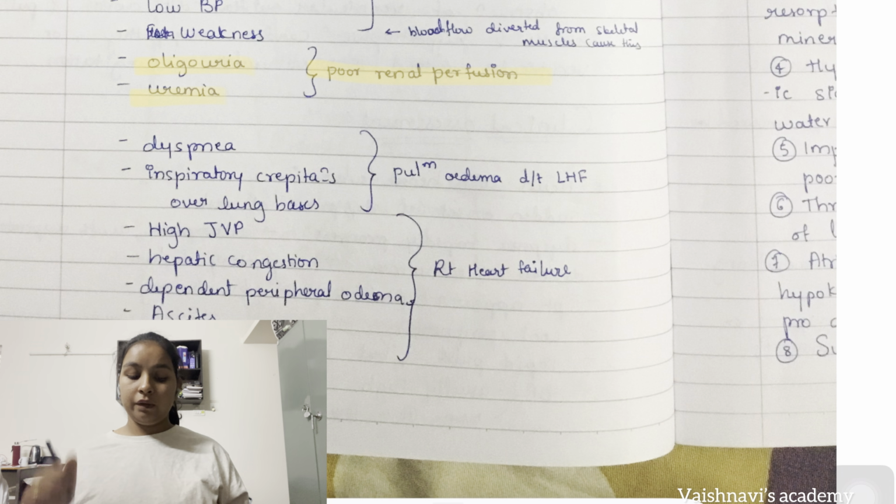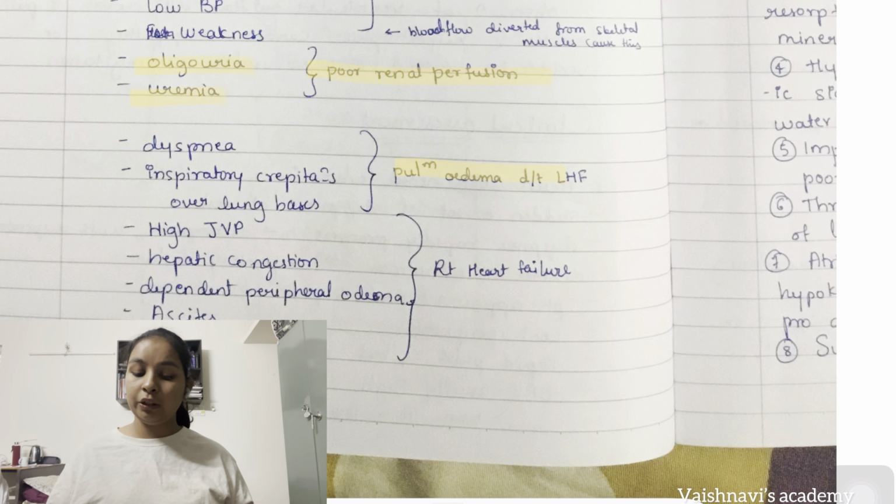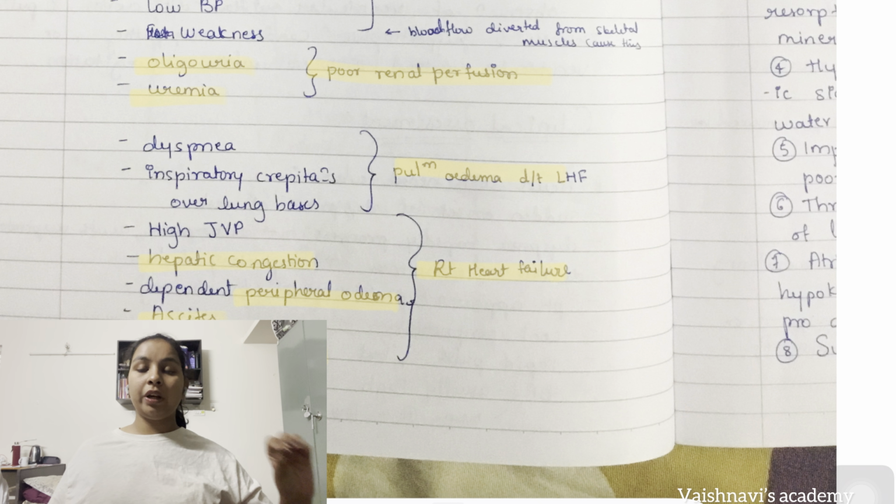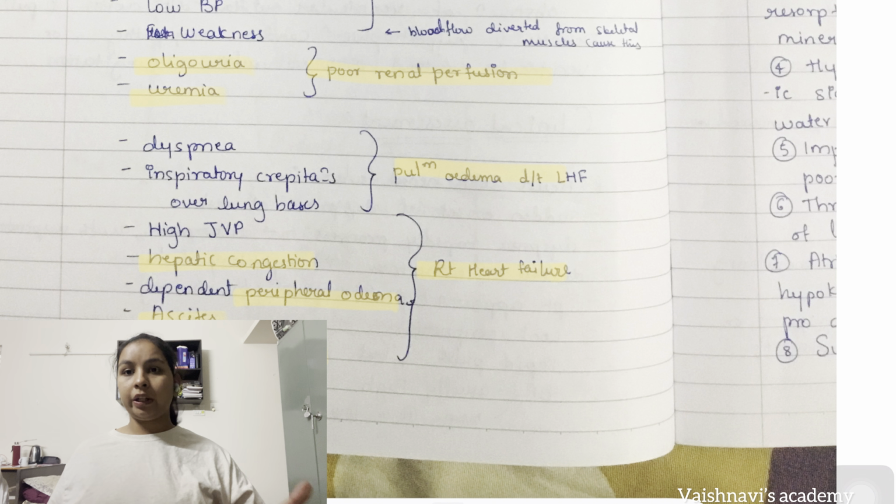So here, if there are dyspnea and inspiratory crepitations over lung bases, then we have pulmonary edema due to left heart failure. If the JVP is high, we have hepatic congestion, dependent peripheral edema, ascites, pleural effusion, we have right heart failure. If there is pulmonary edema, we have dyspnea and crepitations. But if there is peripheral edema, hepatic congestion, ascites, we have right heart failure.